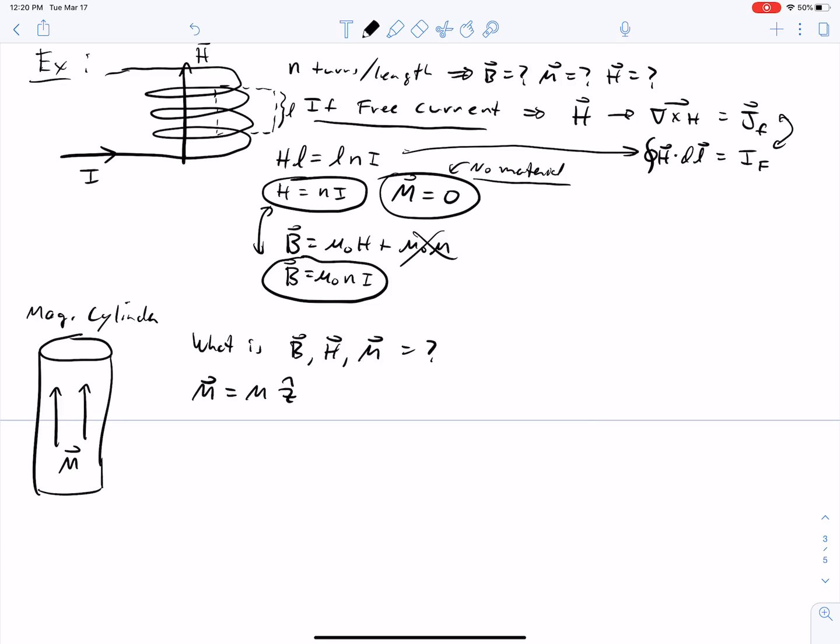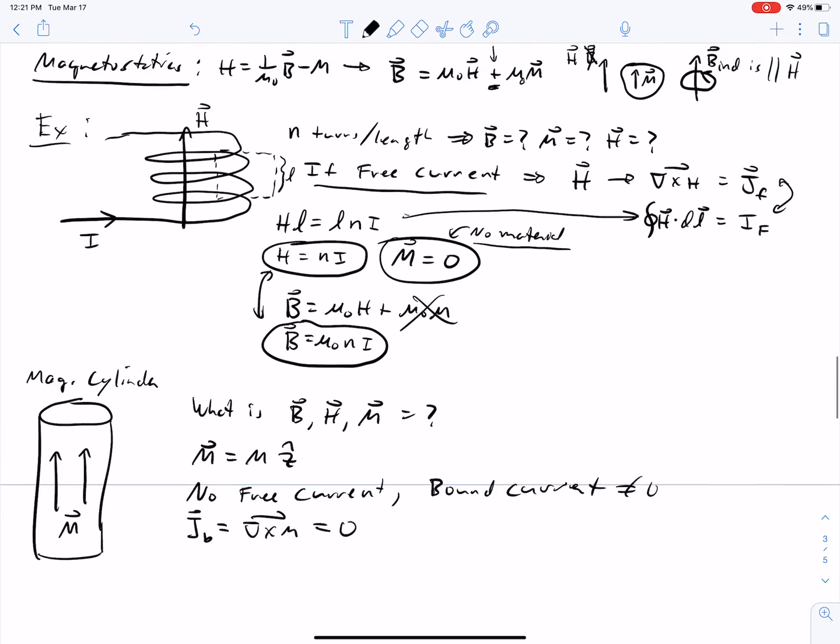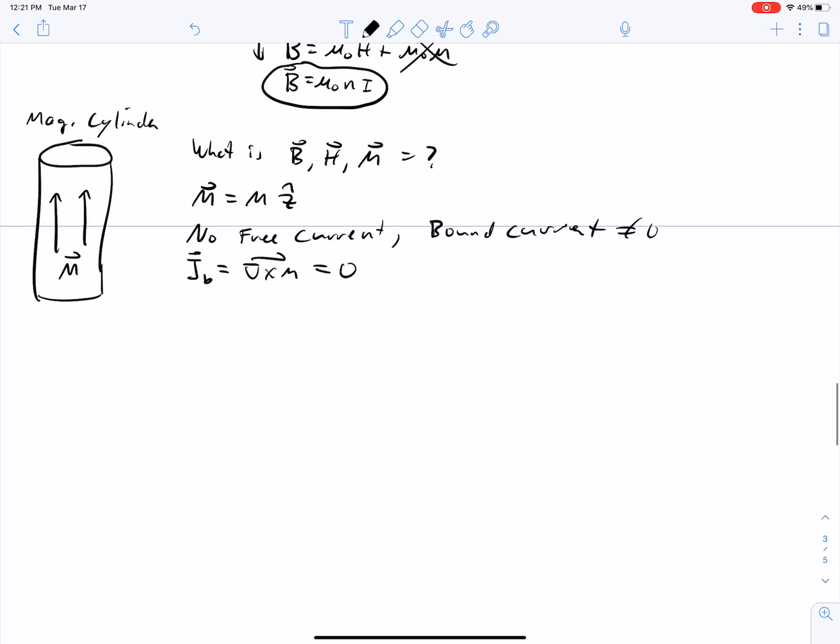In this case, there's no free current, but there is bound current. Bound current does not equal 0. The volume bound current J sub B is equal to del cross M. Now the volume bound current is equal to 0 because M is constant, and so the curl is 0.